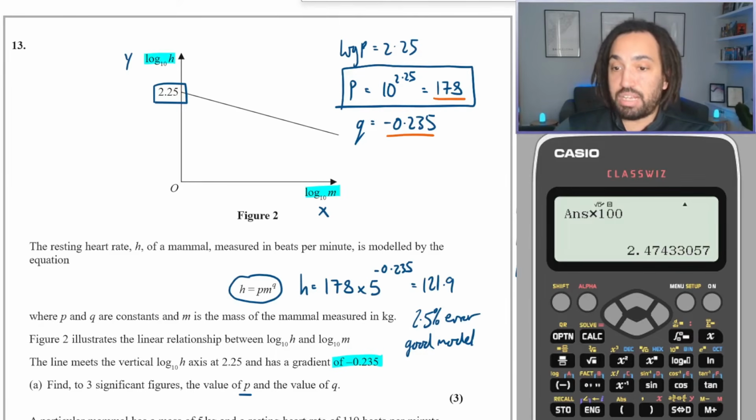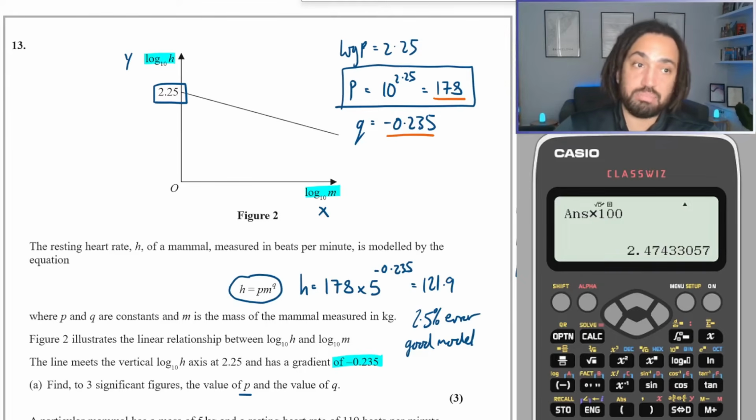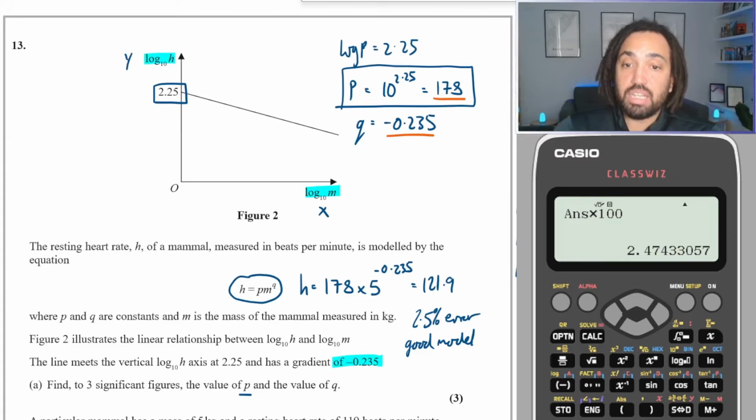And if we look at the model, it'd be quite tempting to say that this would equal the resting heart rate of an animal which has 0 mass, but obviously that wouldn't make any sense.